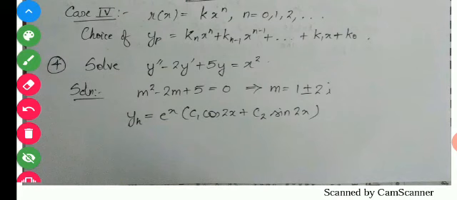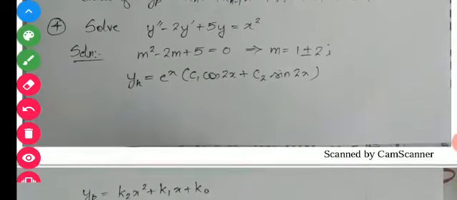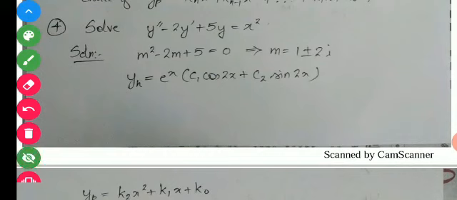Now we look at a problem here. In this question, the given differential equation is y double dash minus 2y dash plus 5y equal to x square. As usual, we will solve the corresponding homogeneous part. We take the right hand side to be equal to 0. The characteristic equation or auxiliary equation comes out to be m square minus 2m plus 5 equal to 0.